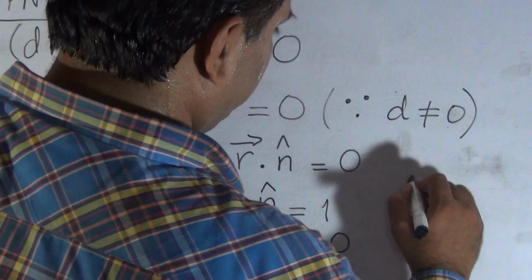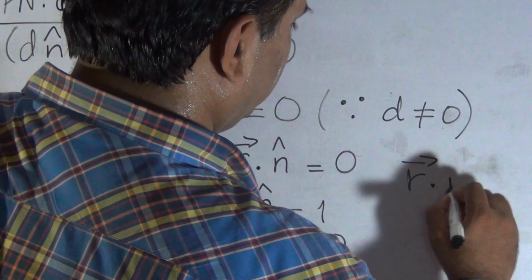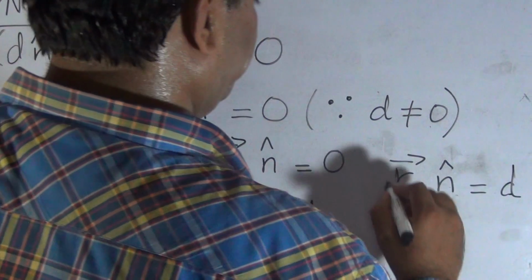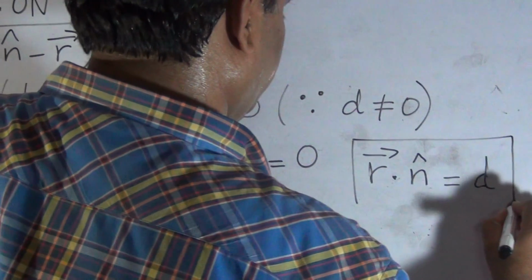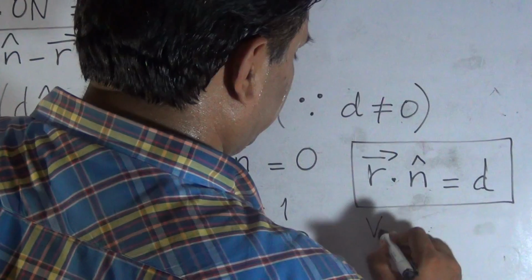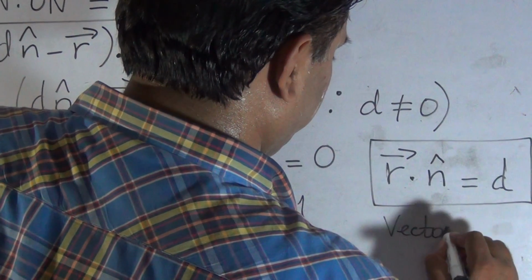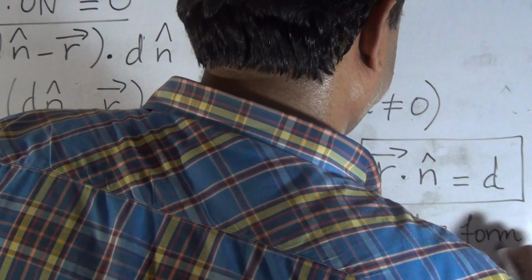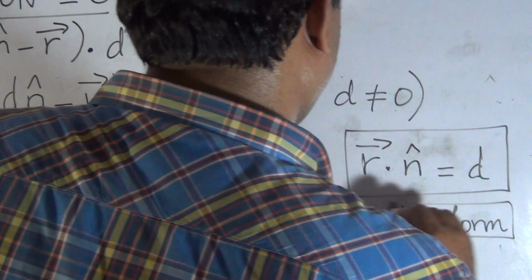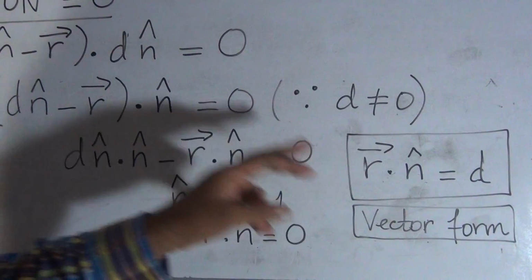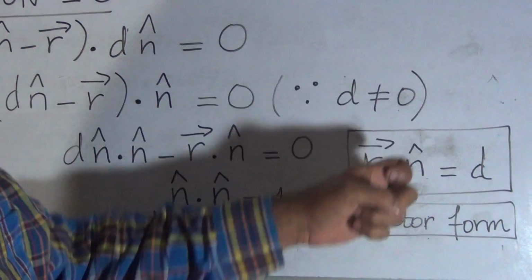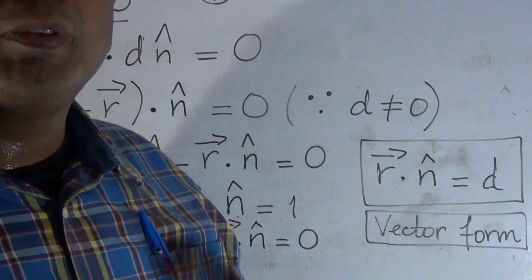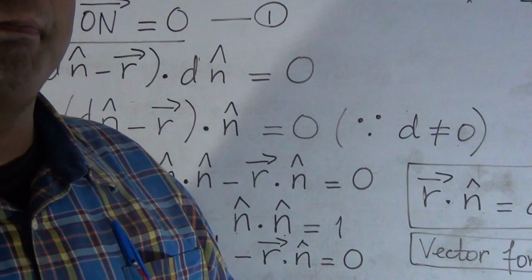In other words, R dot n cap equals d. And this is the vector form of the equation of a plane in normal form. We'll stop at this. We'll explore more next time. Thank you.